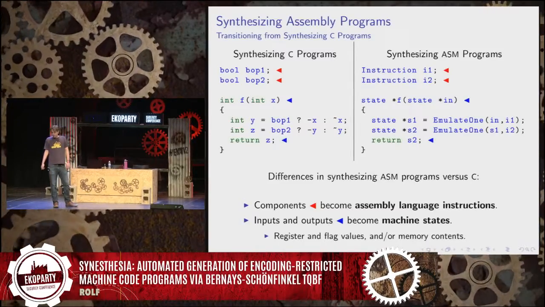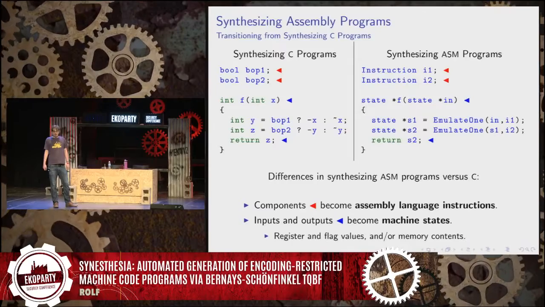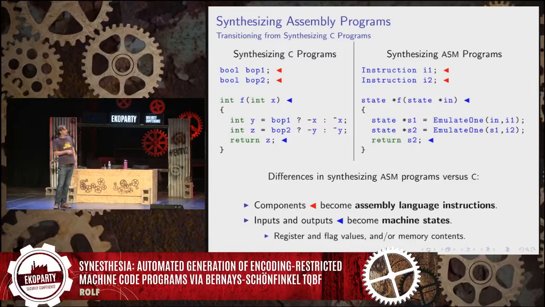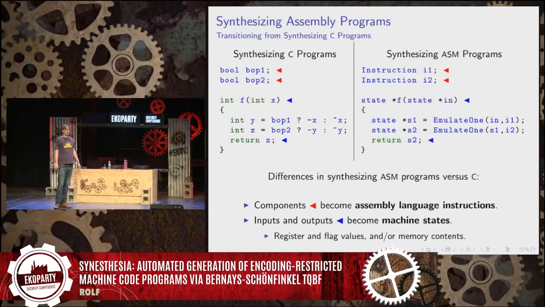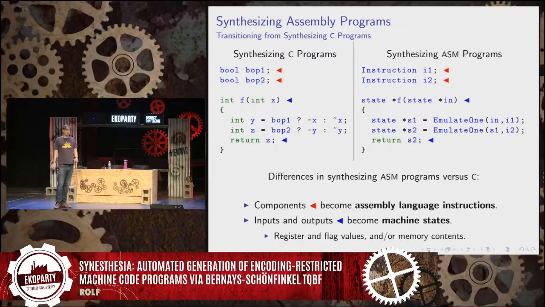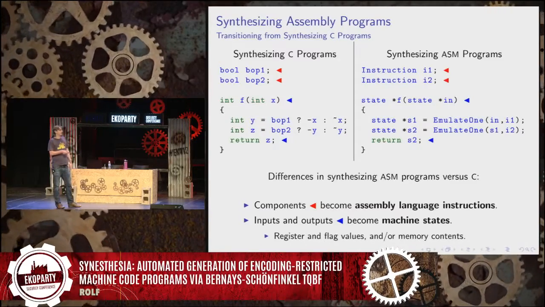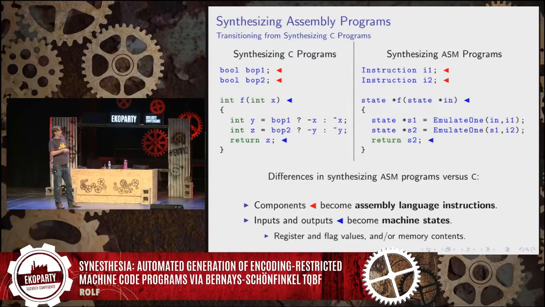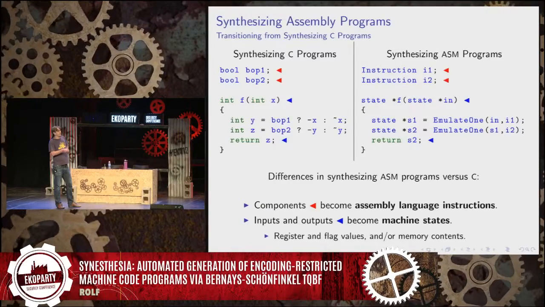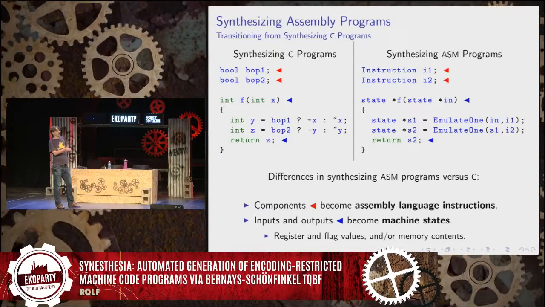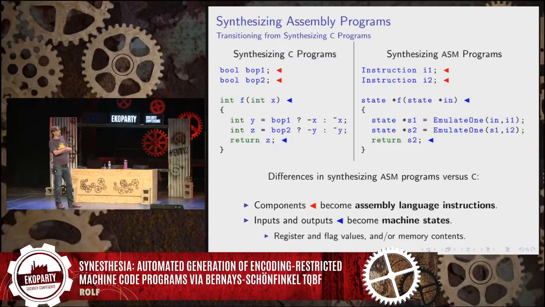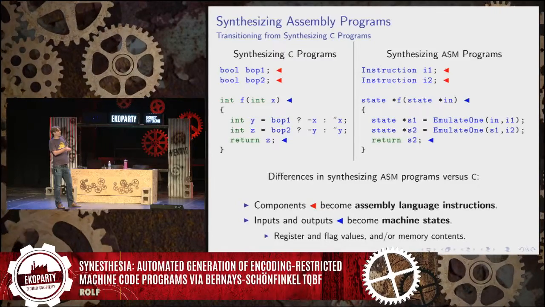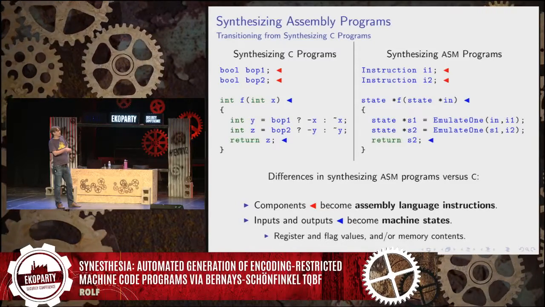So you keep your bearings straight, here is ultimately where we're going with this part of the presentation. On the left-hand side, I've just duplicated the program synthesis example from the previous section on C, where we synthesize x plus 1 using 2 components. So this is what our formulas are going to look like when we synthesize assembly language programs: our components are going to be assembly language instruction objects, and then the function is going to take as input a machine state, and return as output a machine state.